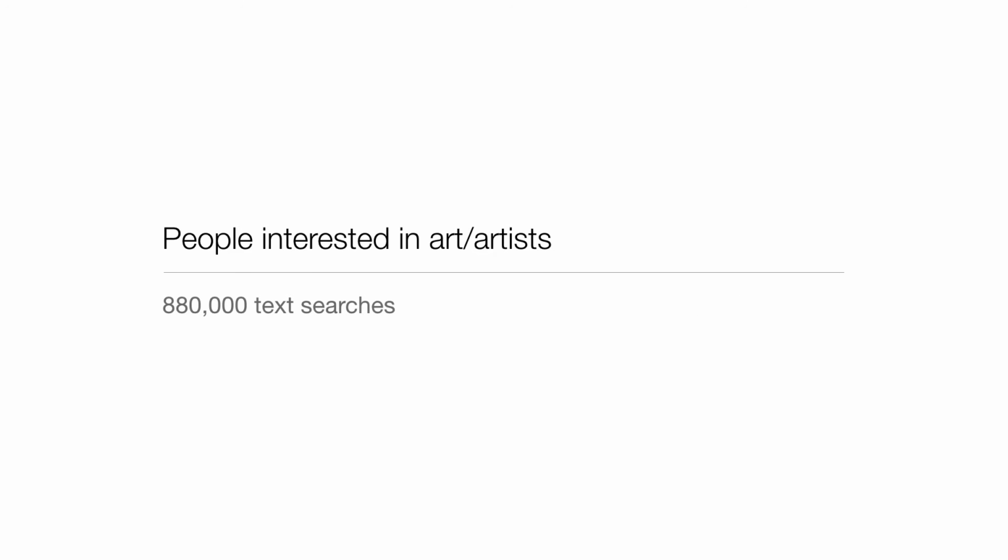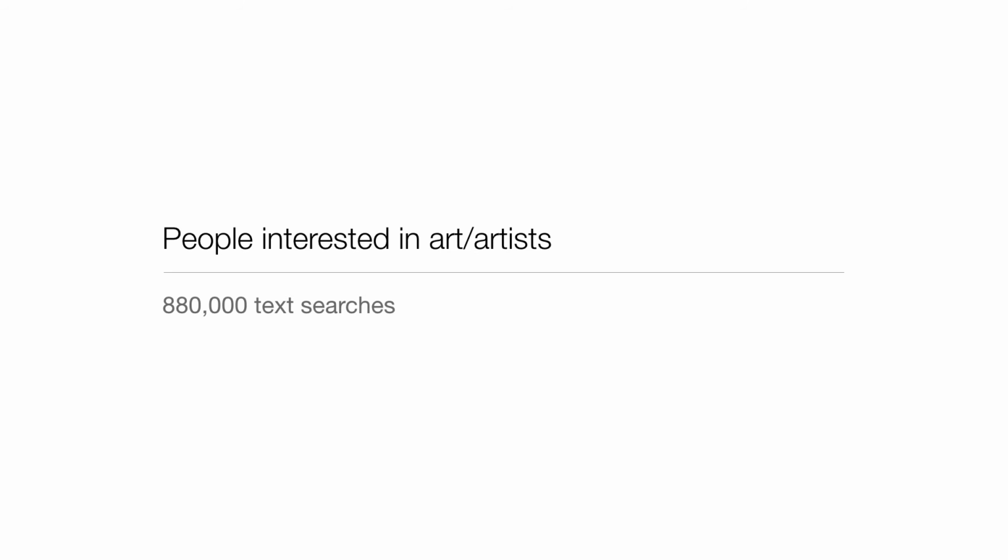Additionally, we can see people who are interested in the art style, or particular artists, or subject matter. One of the pieces of information I have here is that when people visit the website and type in a text search, like the example I showed before where someone searched for cat, or they might search for a particular Fuji or wave or something like that, there have been 880,000 text searches.